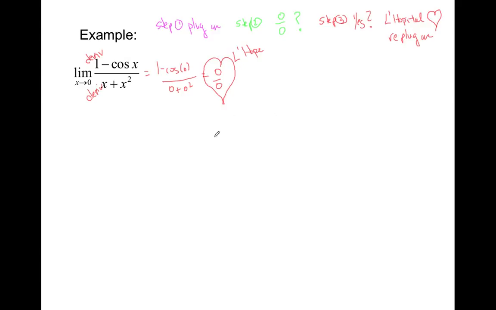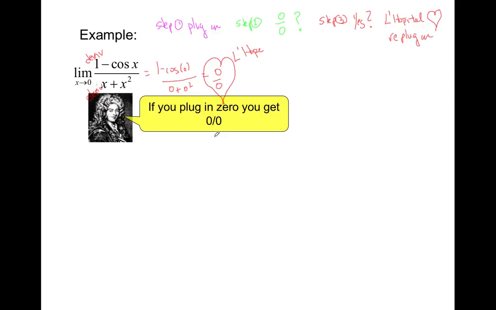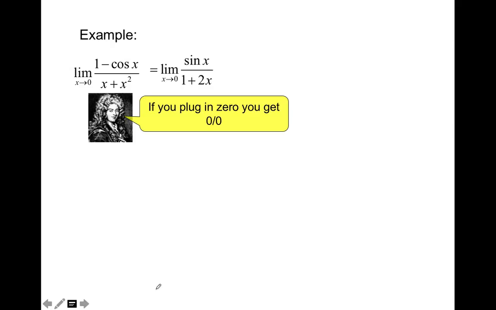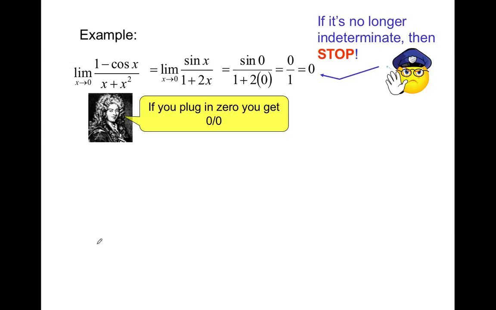So I took the derivative of the numerator, derivative of the denominator, and I re-plugged in. And I got 0 over 1. This is not indeterminate. I don't need any more information to determine what 0 divided by 1 is. 0 divided by 1 is 0. Stop. I'm no longer indeterminate.